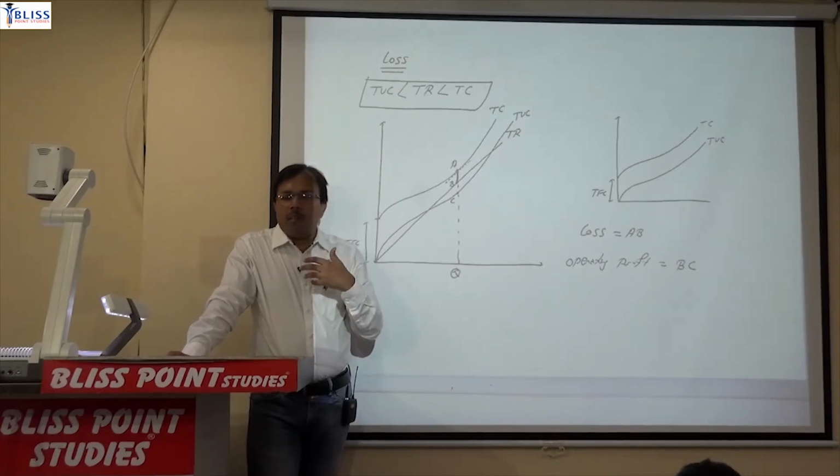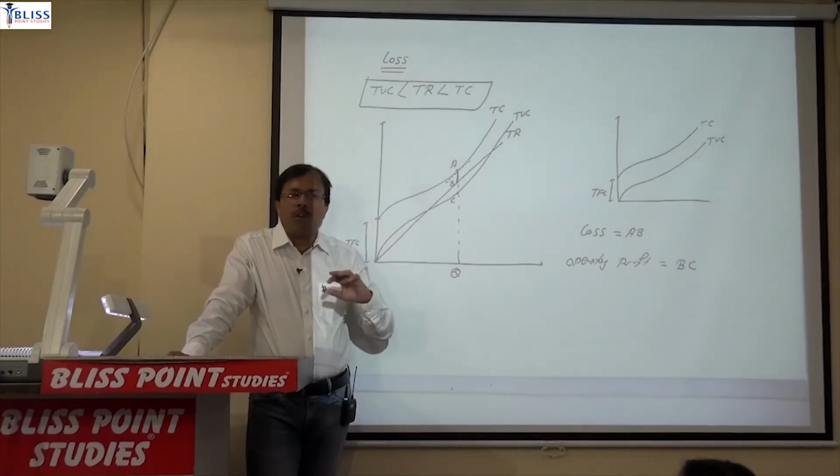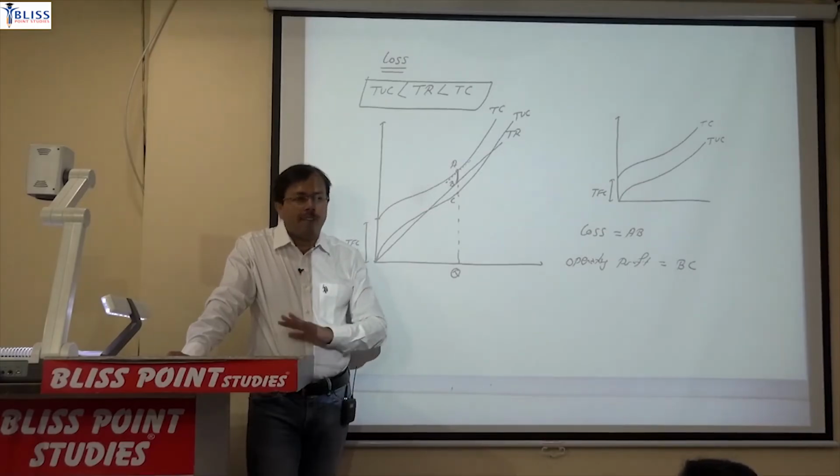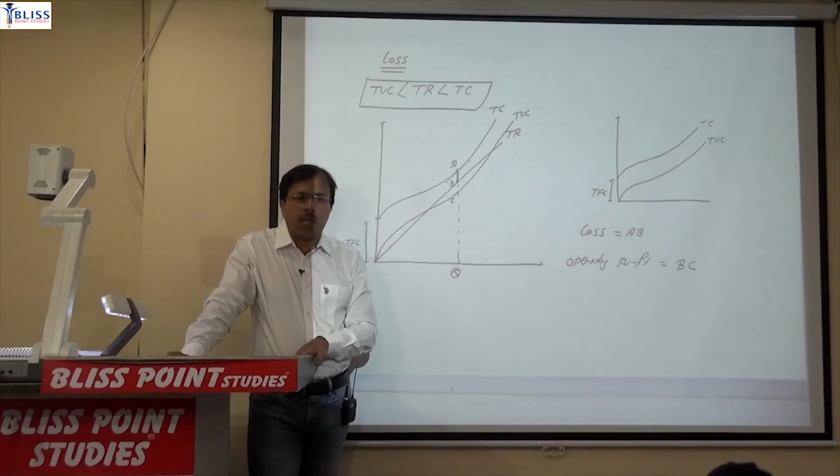If a firm is unable to meet its variable cost, it is better to close down the business, because by closing down the business you avoid which cost? By closing down the business you avoid variable cost. तो अगर कोई फर्म अपने वेरिएबल कॉस्ट को कवर नहीं कर पा रहा है तो वो प्रोडक्शन को टेम्परली सस्पेंड कर देगा. That means shut down the business.